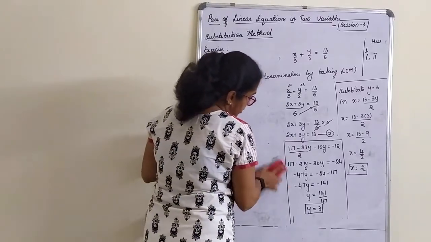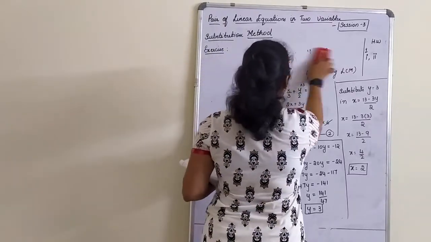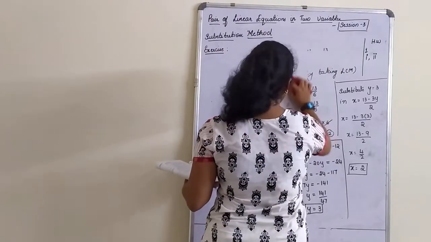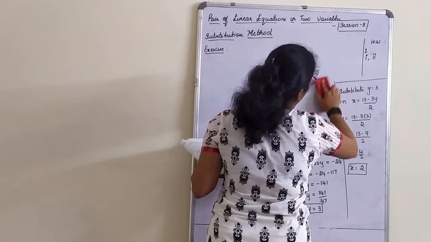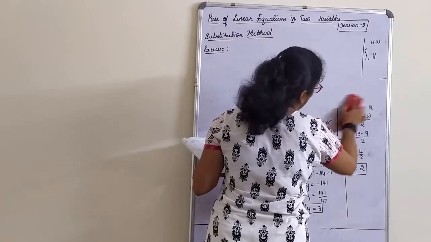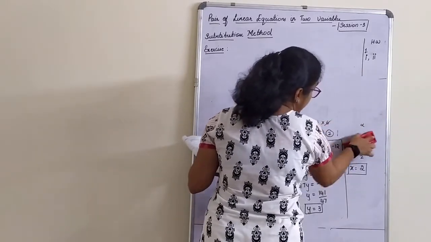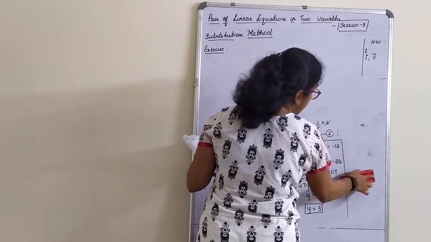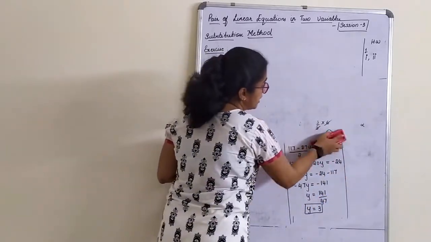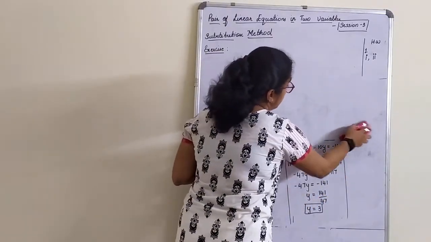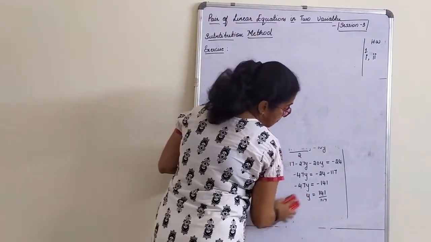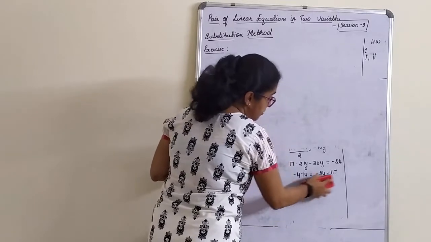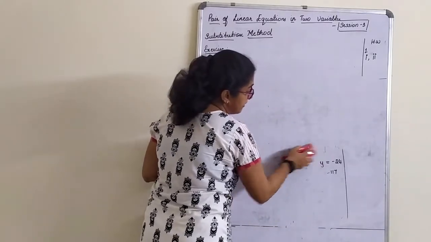So let's follow it. You can copy the next question, where two equations are given. So we need to find the values of x and y for those equations. Once we get x and y values, we need to write the standard form y is equal to mx plus c, where we have to find the value of m, substituting the values of x and y which we find from the given equations.